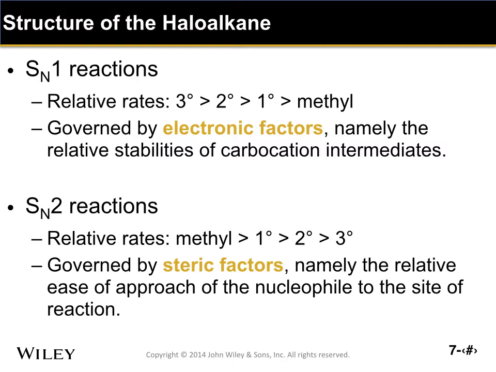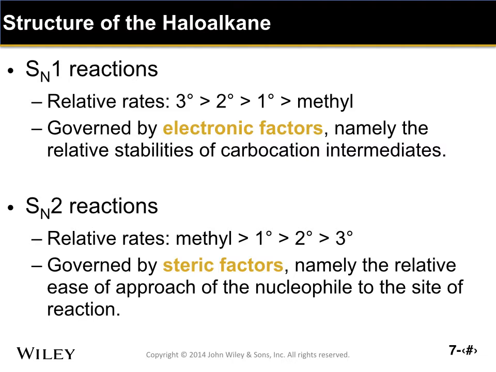The reason for this is that SN1 reactions are generally governed by electronic factors, specifically, what is the stability of the intermediate? Remember, the first thing that happens in an SN1 reaction is that you lose a halide and become a carbocation. If the carbocation is very high in energy, then it's very hard to lose the halide to become the carbocation, and so those are not favored reactions.